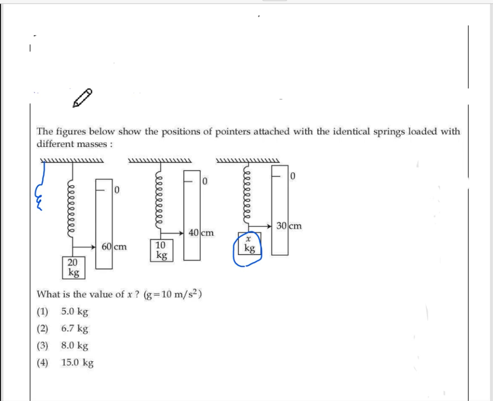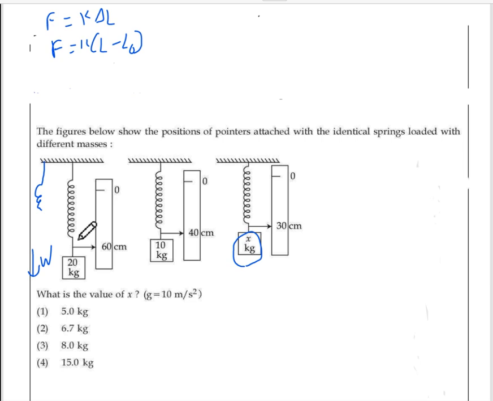Hooke's law says that F equals K into delta L, where K is a constant. So F equals K into L minus L naught, where L naught means its original length. The force applied in all cases is the weight of the object, which is mg.